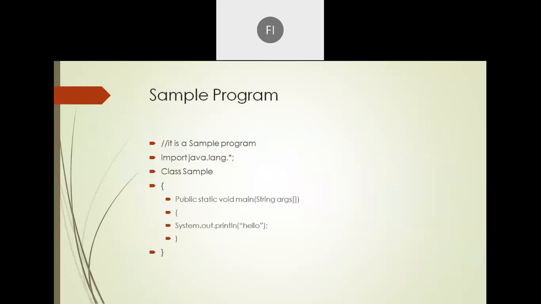And now we will go for a sample program as shown here. First we write comments, then the class name and the main method. The main method indicates the starting point of execution. Whenever you run any program, you first need to start from some point, and that point is what we call the main method. Main is always the starting point of execution in a core Java program.